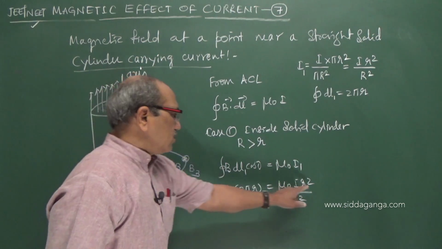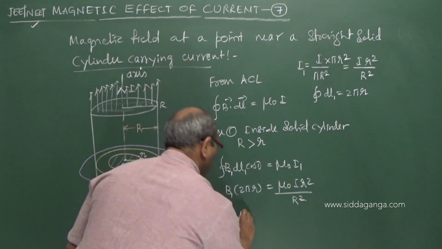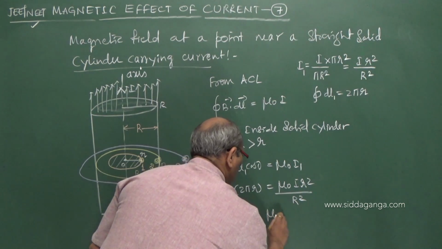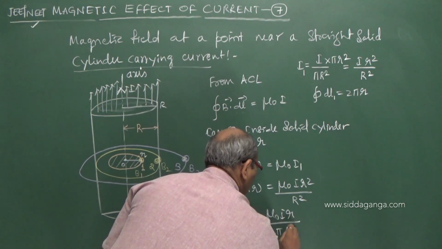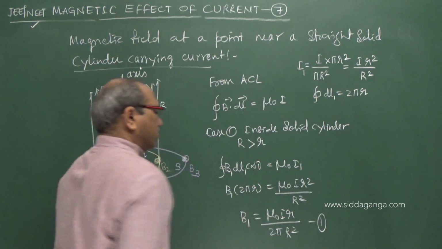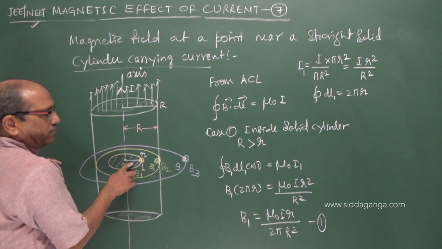So one r cancelled, and the magnetic field B1 at the inner part is B1 equal to mu naught I r divided by 2 pi R square. We got the answer. This is the field inside.